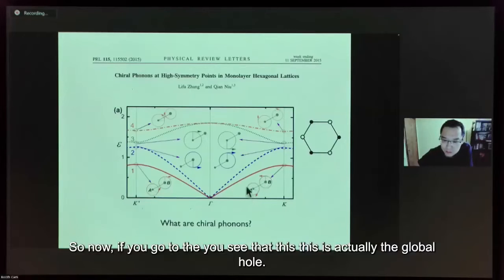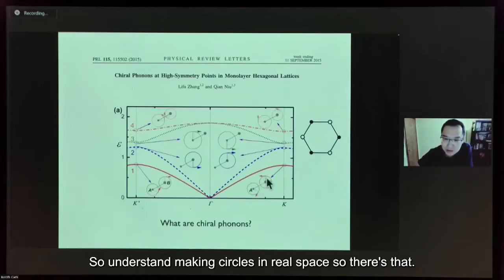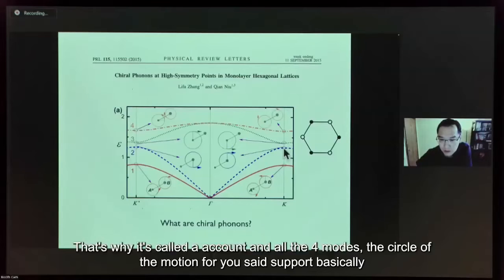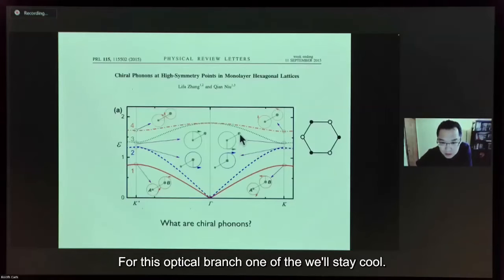So the atoms are making circles in real space. That's why it's called chiral phonons. All four modes have this circular motion. For this optical branch, one atom stays put, while the other basically rotates around its equilibrium position.